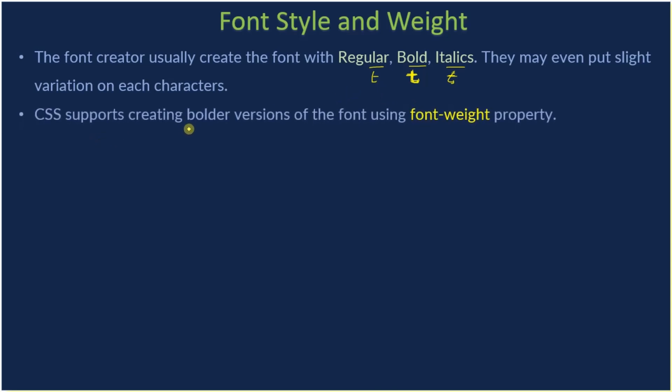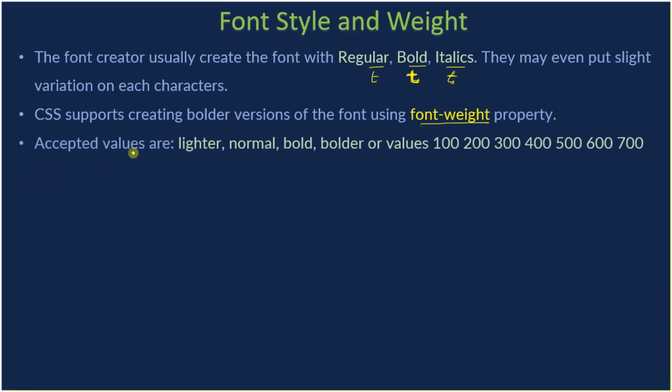CSS supports creating bolder version of font using the font weight property. So that's one property. Accepted values for font weight are lighter, normal, bold, bolder, and we can even specify values in terms of numbers like 100, 200, 700, up to 900. Here if you see font weight, we specified lighter.